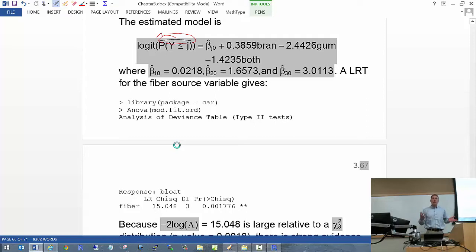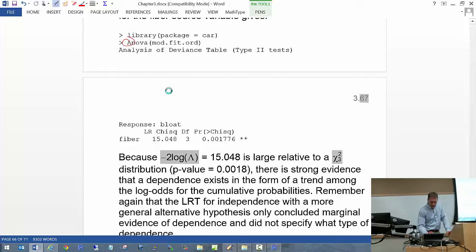So you have the Anova functions available to you to do likelihood ratio tests. In this case, I'm just going to use the capital Anova function. It's in the car package. My negative 2 log lambda is 15.048. Notice the degrees of freedom, 3. So we're testing 3 betas. Are they equal to 0 or not?